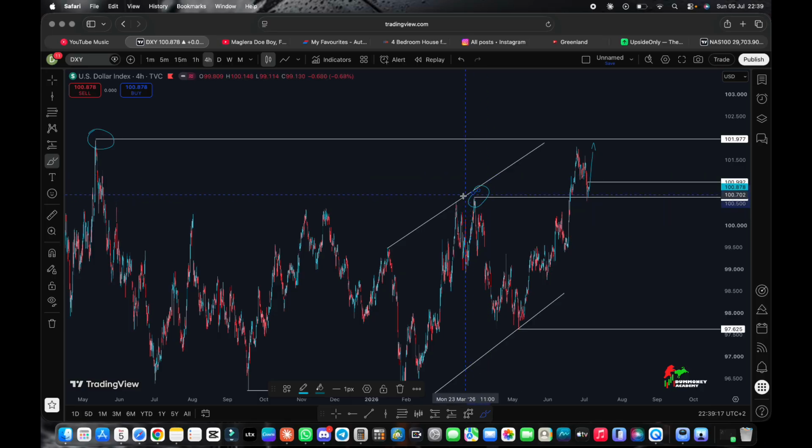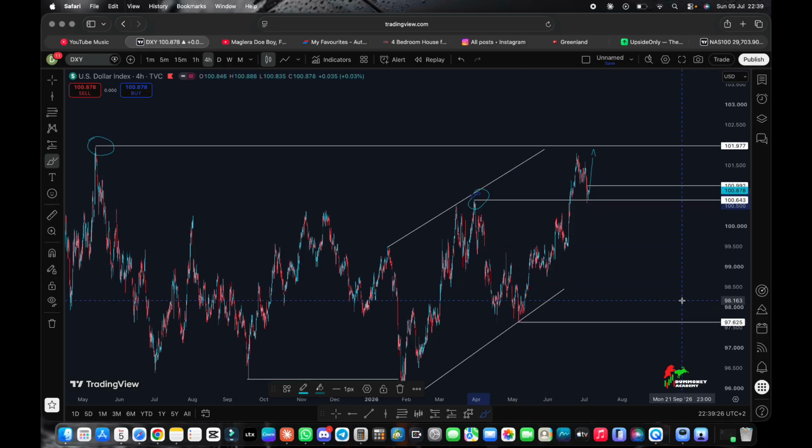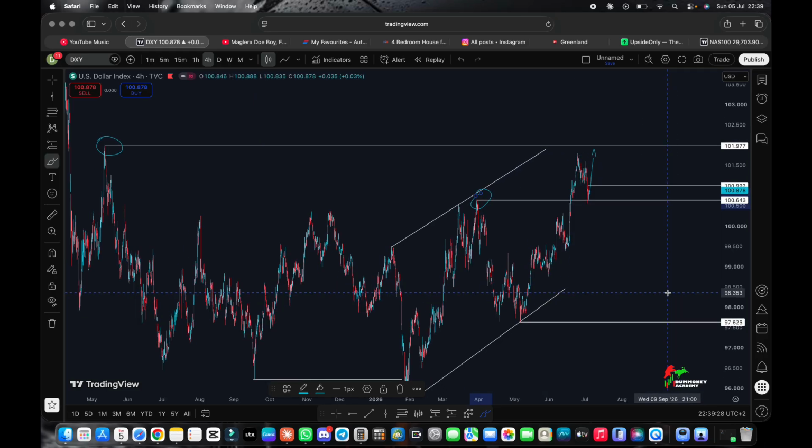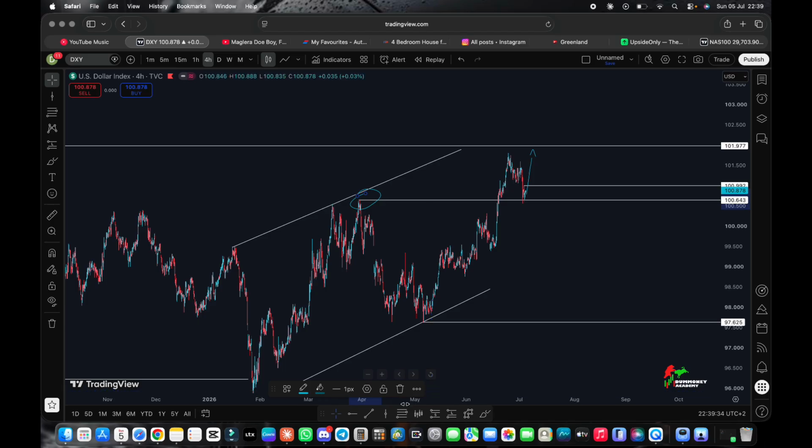Why am I saying this is a low? Yes, good question if you are asking that, by the way. I want you to take a look at how the market got to these levels.